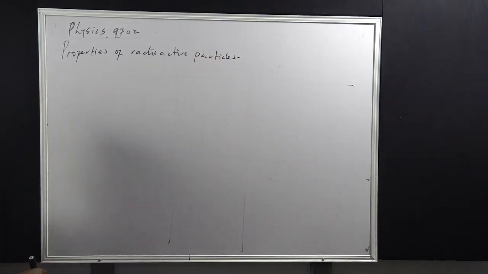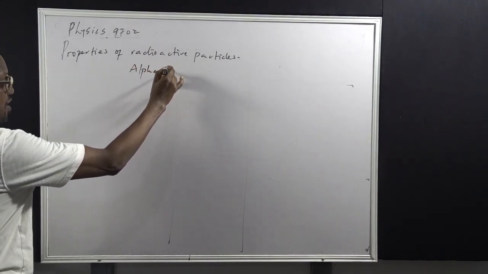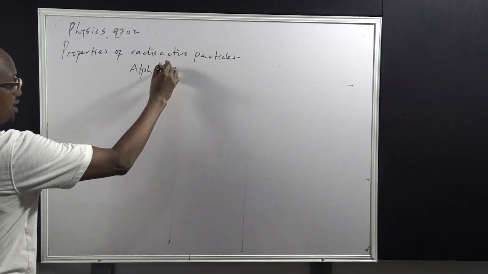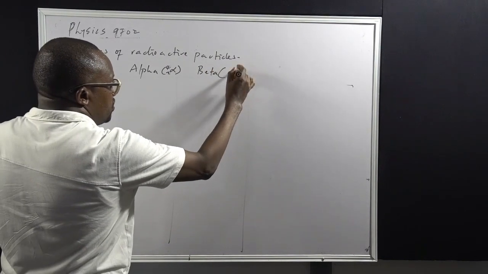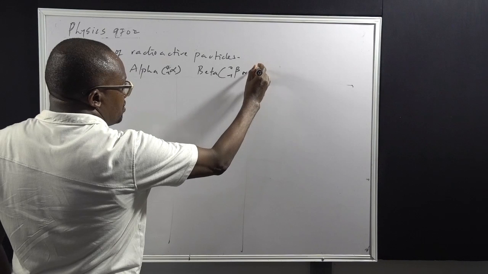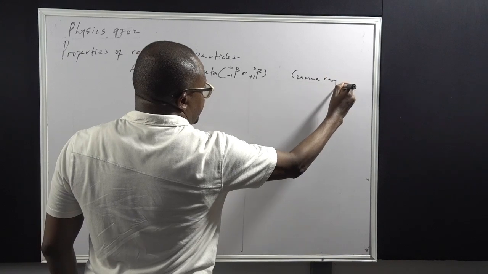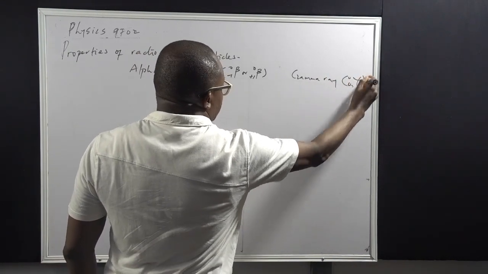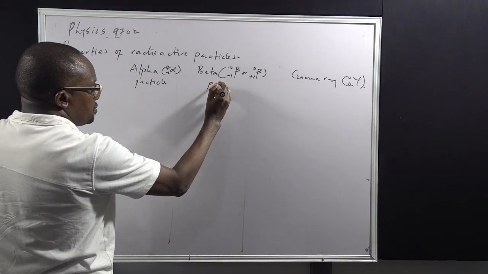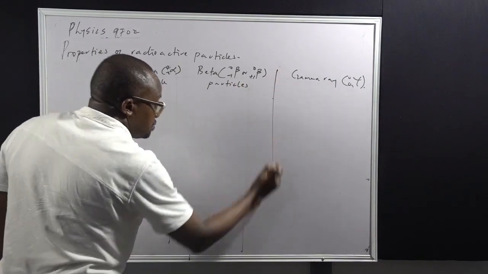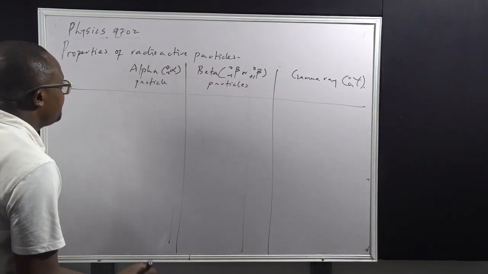Remember, we have said before that these radioactive particles are alpha particle, that's alpha 4 2, beta particles, which can either be beta minus or beta plus, gamma rays, so let's quickly discuss them.